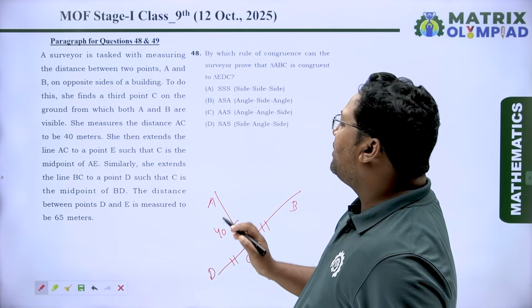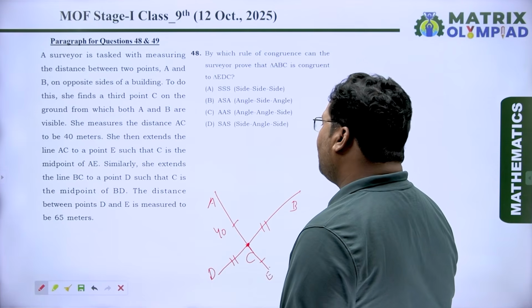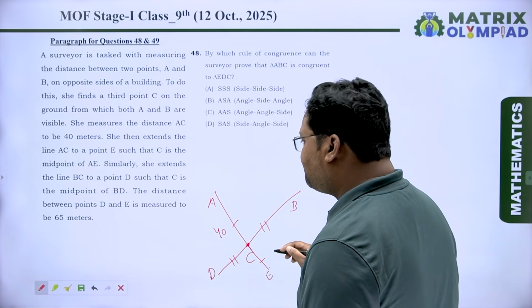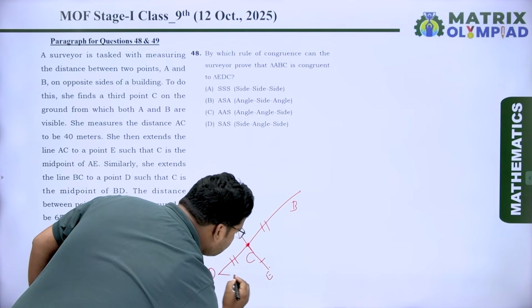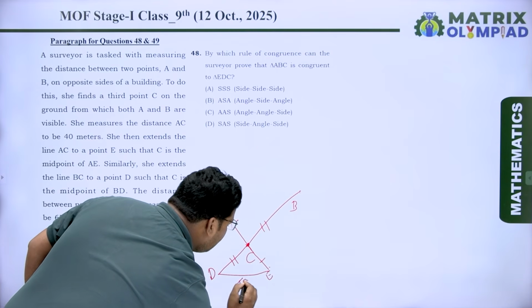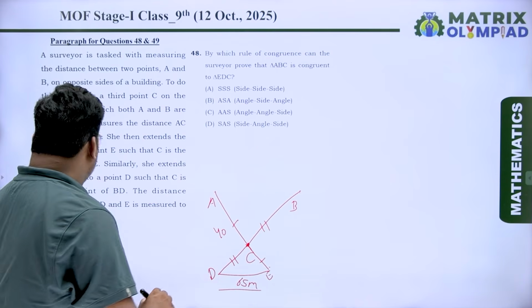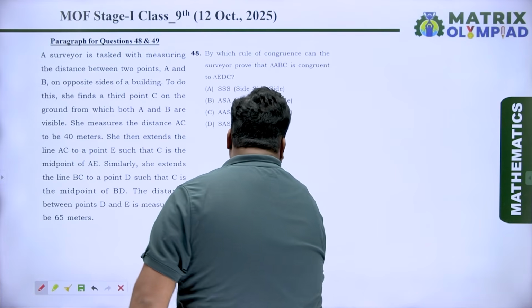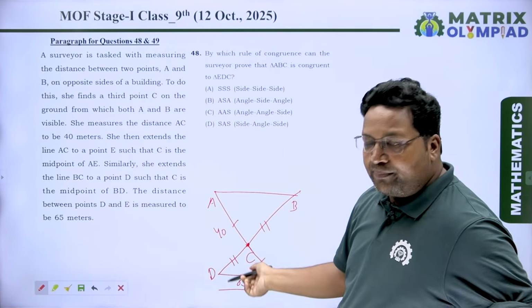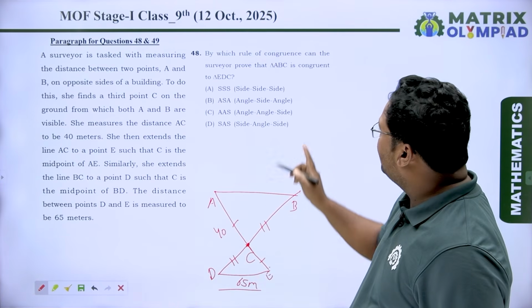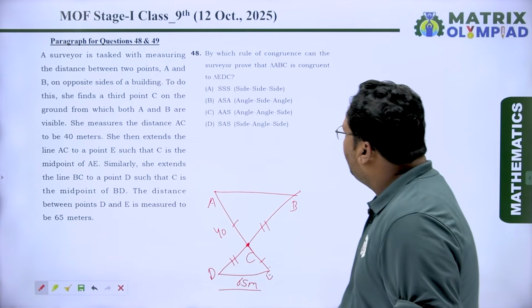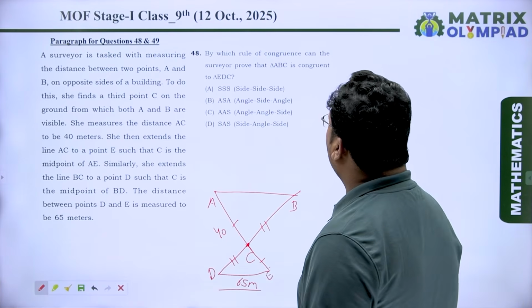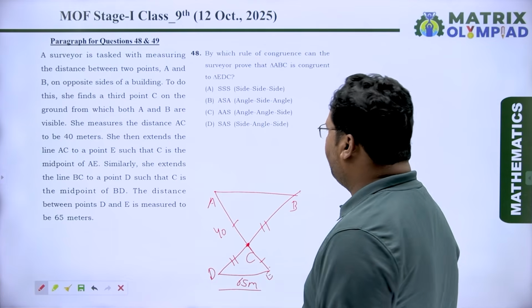Then the distance between points D and E is measured to be 65 meters. It means the distance between these 2 points is given as 65 meters. So this is a paragraph and we have to tell the answer based on this paragraph. So here you can see the first question is, by which rule of congruence can the surveyor prove that triangle ABC is congruent to triangle EDC?